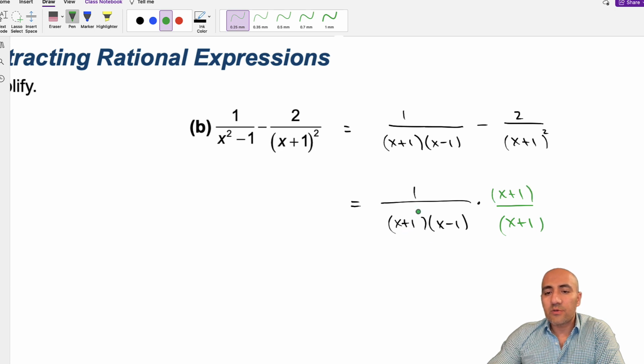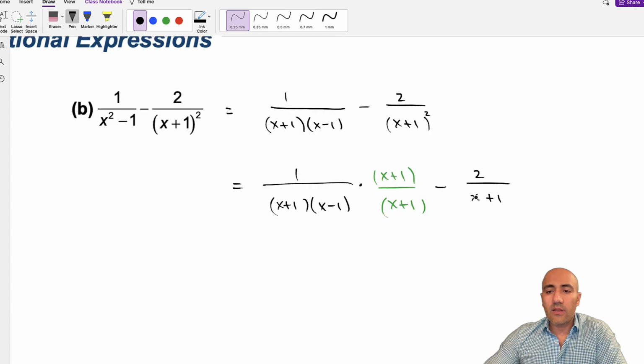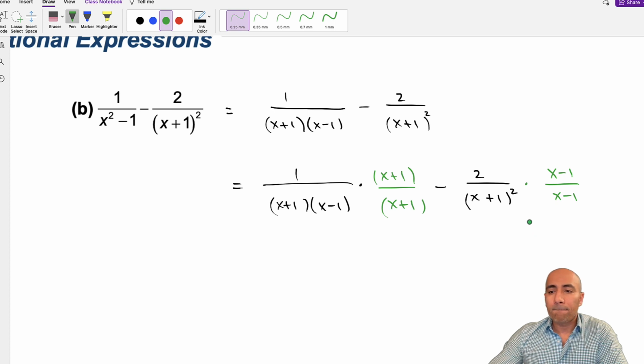That'll give me x plus 1 squared times x minus 1. And then for the second fraction, minus 2 over x plus 1 squared, we're going to introduce an extra term of x minus 1 over x minus 1, right?